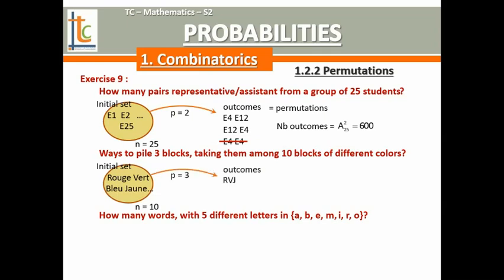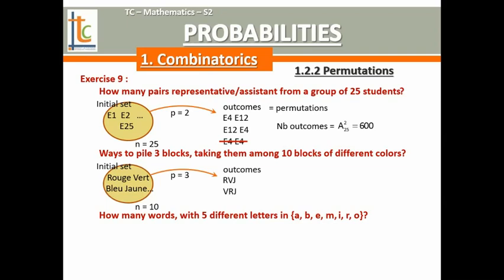What are possible outcomes? So let's name them in French: rouge, vert, jaune. Is this one another outcome or the same? Just have a look.